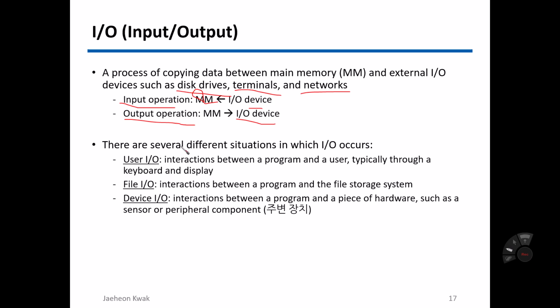There are several different I/O operations. Firstly, we have user I/O, which means interaction between a program and a user, typically through a keyboard and display. We also have file I/O and device I/O, which mean interactions between a program and the file storage or some peripheral components or sensors.